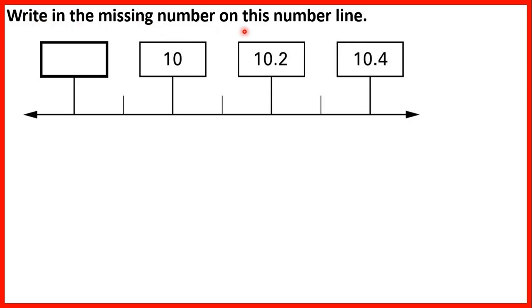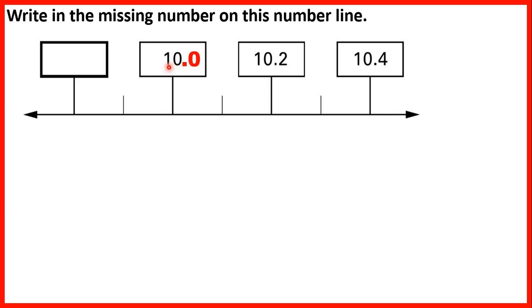Write in the missing number on this number line. So we can see that we have 10, 10.2 and 10.4 marked on our number line. But because we've got a whole number as well as decimals, what we can do is write a 0.0 on the end of our whole number, because 10.0 is the same as 10.